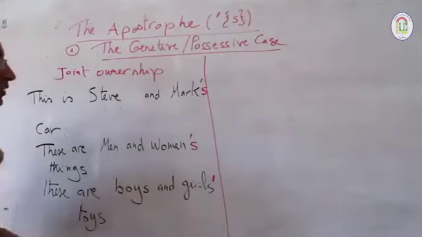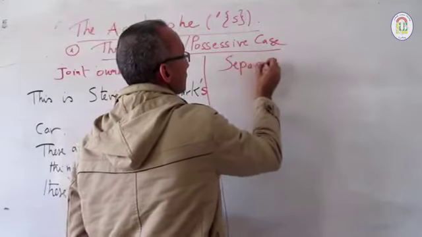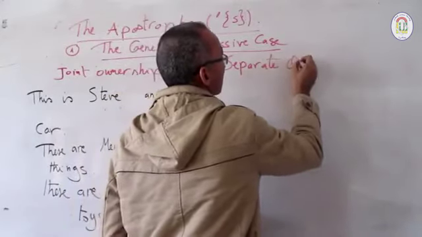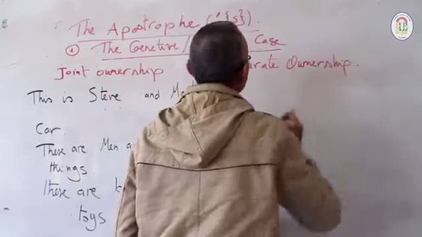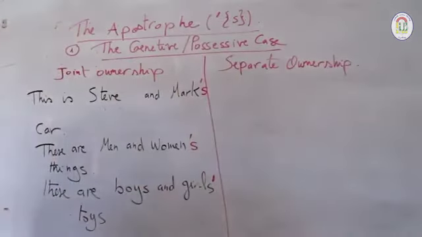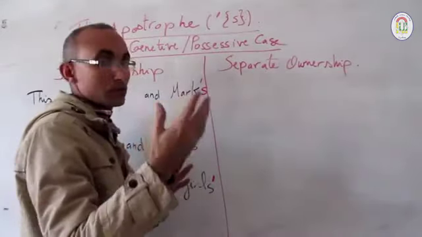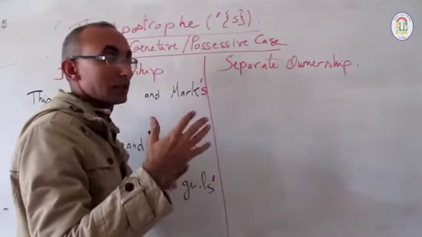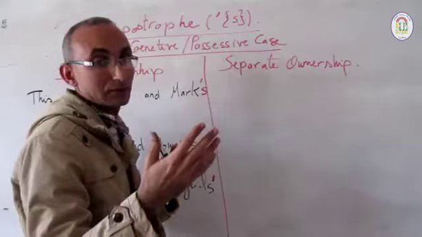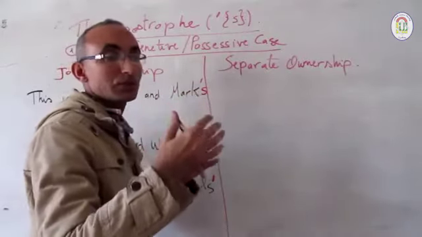Alright. Good. Now for the case of separate ownership. For example, here we have two or more persons who own different objects. They don't share the same object. They have or they own different objects.